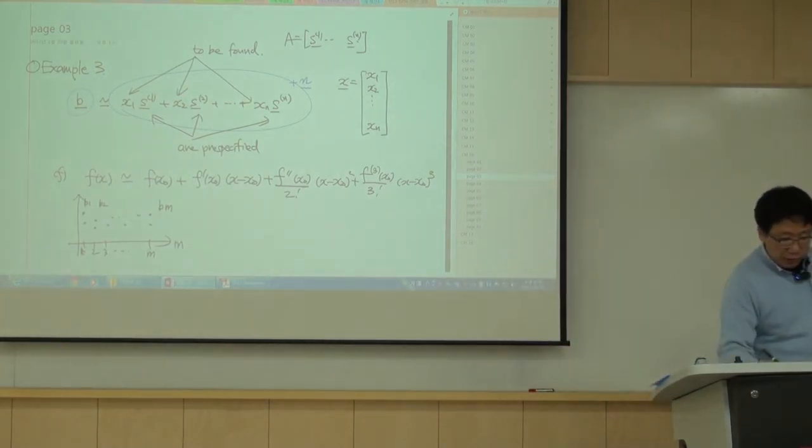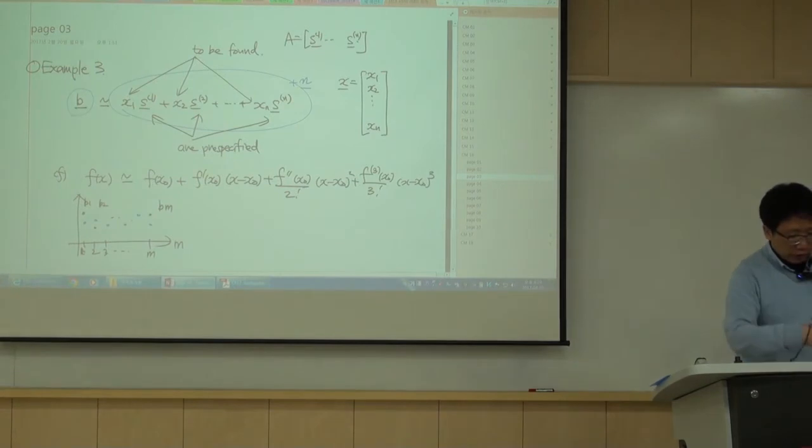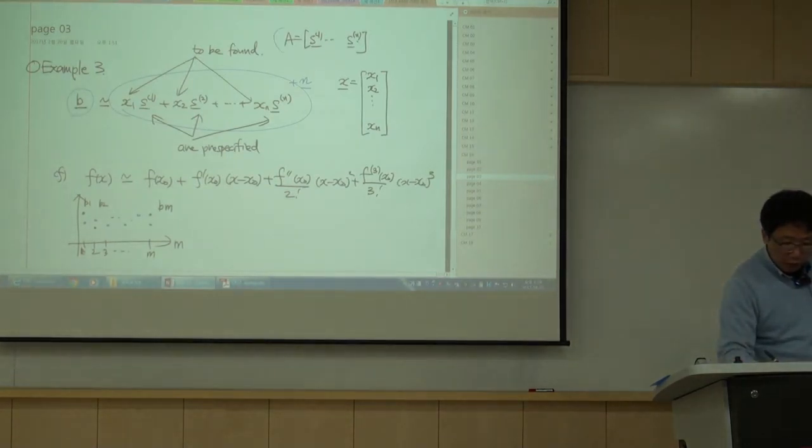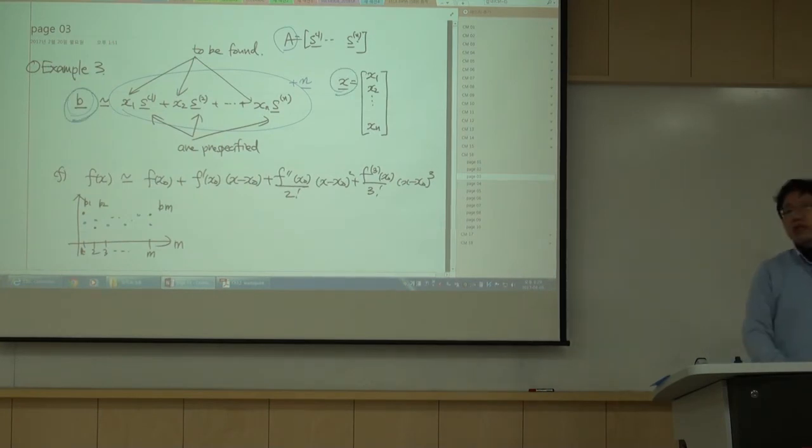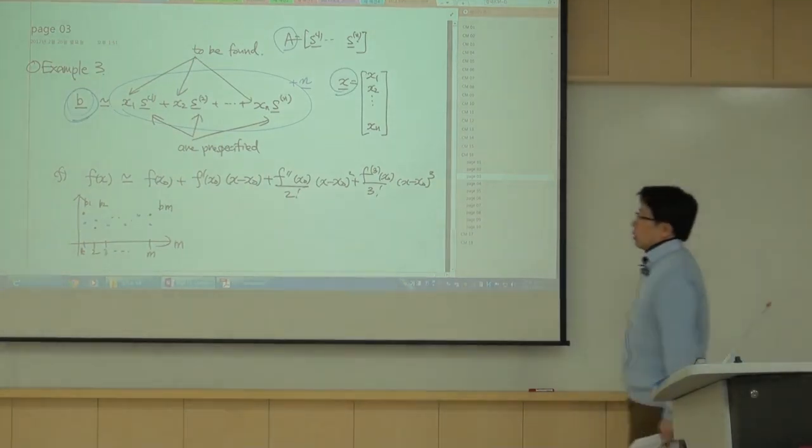Anyway, I'm not going to repeat all the derivations. As far as you have A, x, and B properly chosen, you are done with the least squares problem.